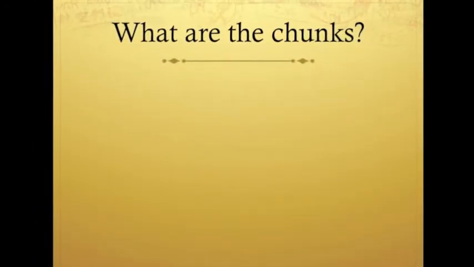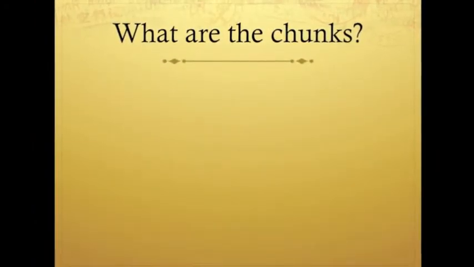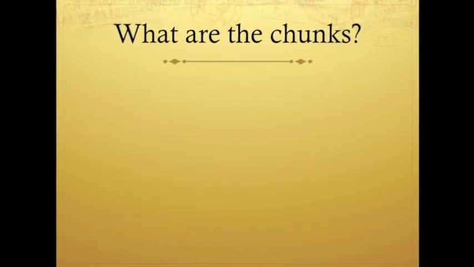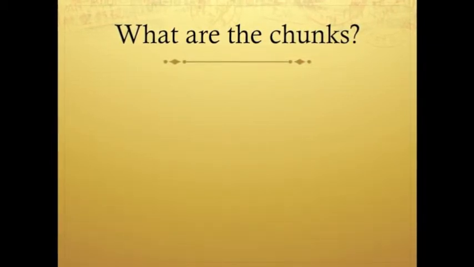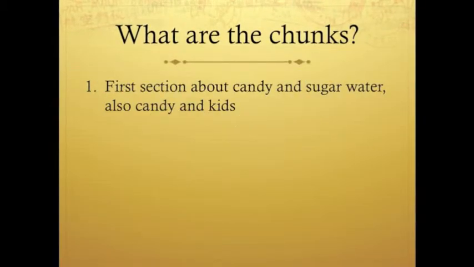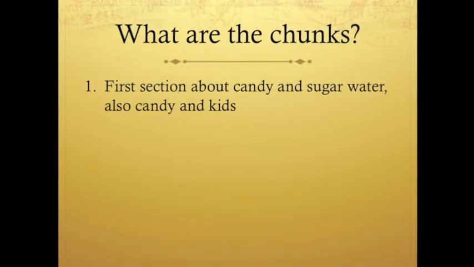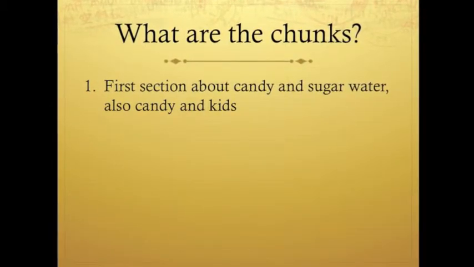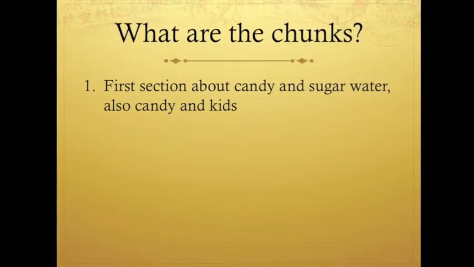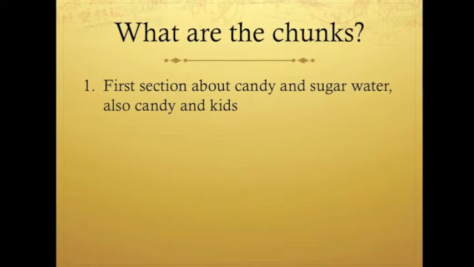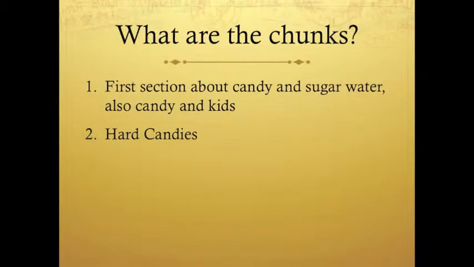Okay, so what are the chunks in your notes? Anybody have any ideas? Alright, so your first section should be about candy and sugar water, also candy and kids. This really kind of goes together because it's before the second chunk, which is hard candies. Remember, that was a keyword, possibly even underlined as a main idea.